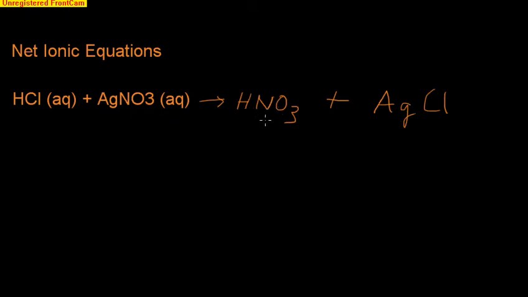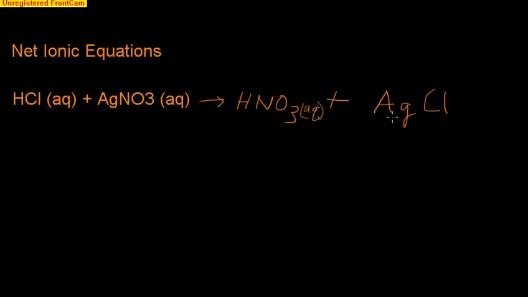Now the next thing that we have to do is decide whether these are aqueous or solid, and we look to our solubility rules in order to do that. According to our solubility rules, all nitrates are soluble. If they're soluble, we put an aq in parentheses behind them to indicate that it's aqueous. Like in the preceding ones, the HCl and the silver nitrate were aqueous also.